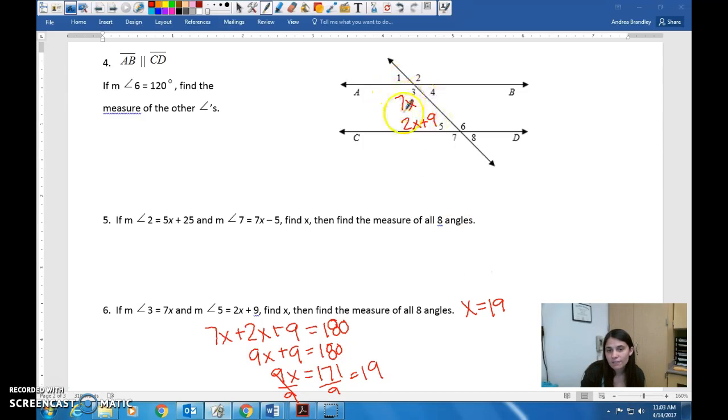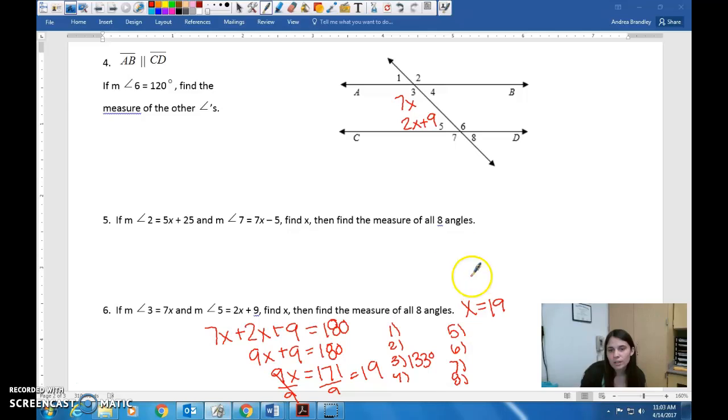So then again, I can find these angles by plugging in my x. So let me go ahead and list my 8 angles. 1, 2, 3, 4, 5, 6, 7, 8. So if I plug a 19 in here, 7 times 19 is 133. So angle 3 is 133 degrees.